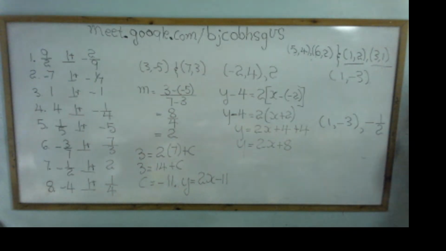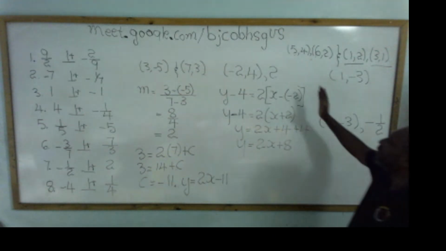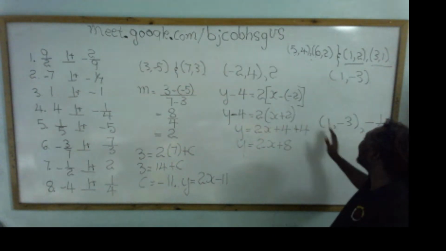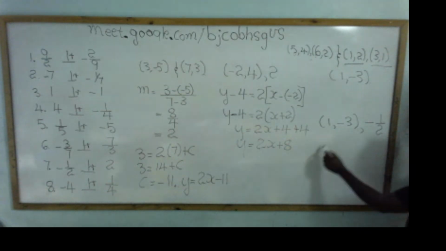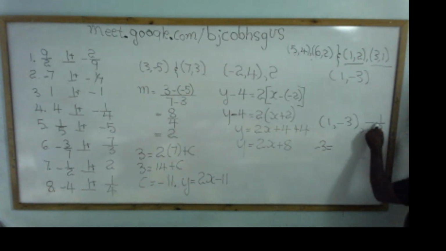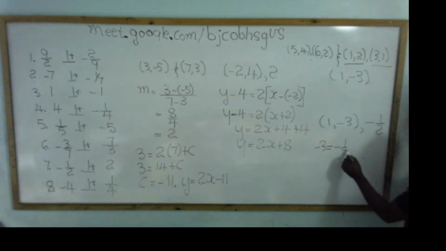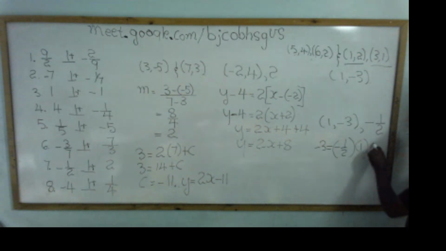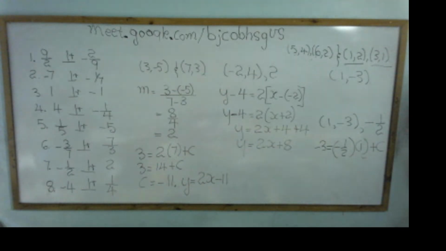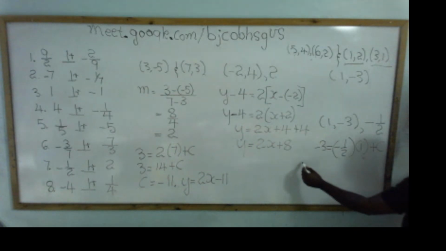So let us find the equation. What did we use here? We're going to use y is equal to mx plus c here. Y is negative 3 is equal to m, negative a half, x is 1, and then plus c. So we're going to have what?